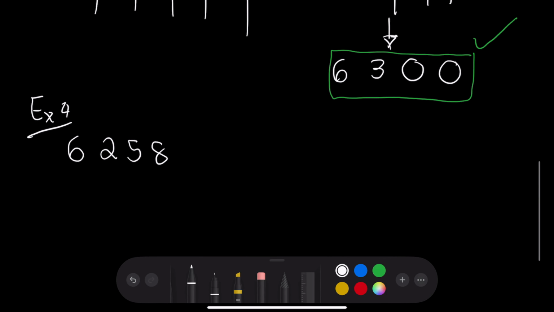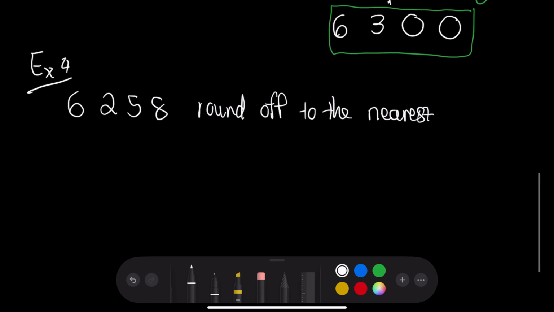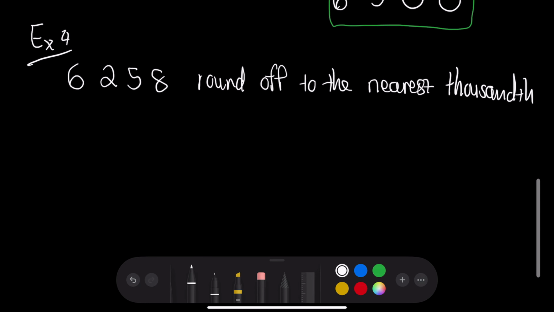And let's say in this example, it's asking us to round off to the nearest thousand.